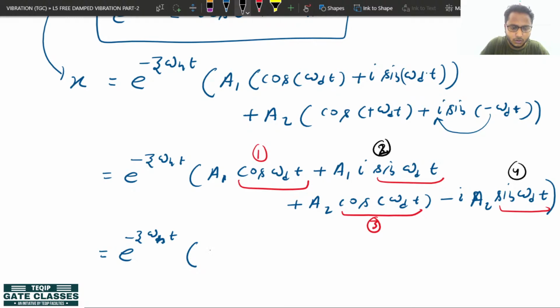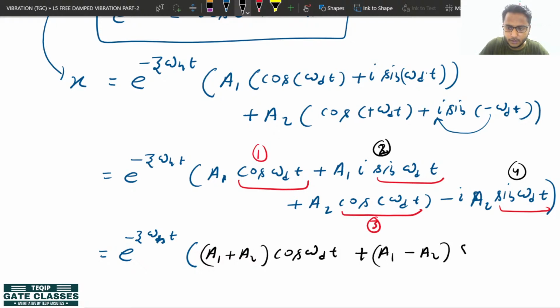Okay, so cos omega d t, if you take common, then a1 plus a2 will be in bracket multiplied by cos omega d into t, right? Plus this a1 minus a2 multiplied by sin omega d into t, and there is iota also.